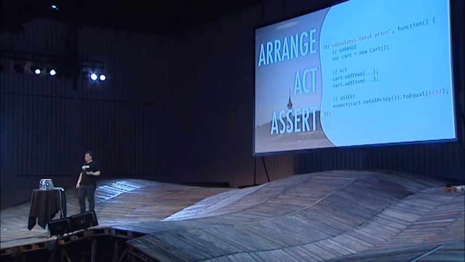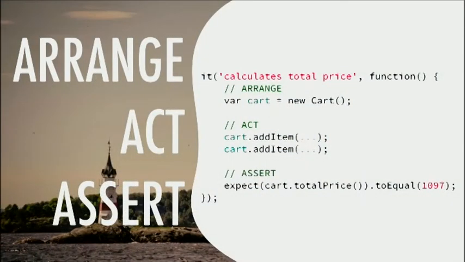So the next thing that I try to be strict on, I'm not always good enough at this, is to follow this pattern. Inside a test, first set things up, so arrange. Here I create a cart, then I act on that cart, add a couple of items, and then I assert something on the state of the cart.